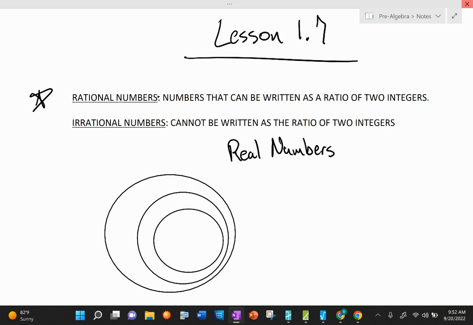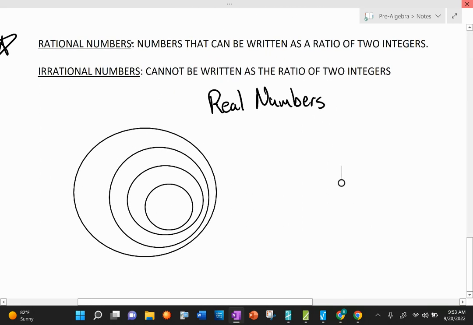It is my suggestion that you do, and I'm actually going to add one more. Okay, so real numbers are split up into two different groups. The group over here are going to be rational numbers. All of the ones that we're putting in this group of circles right here are considered to be rational numbers.